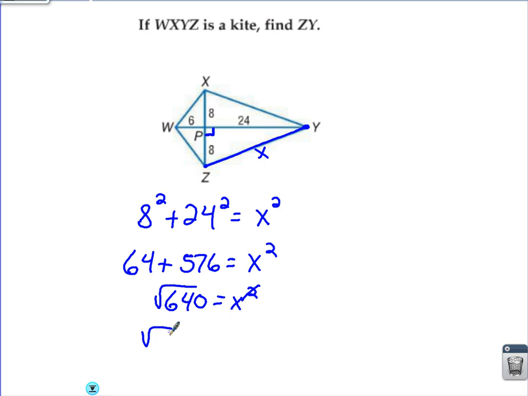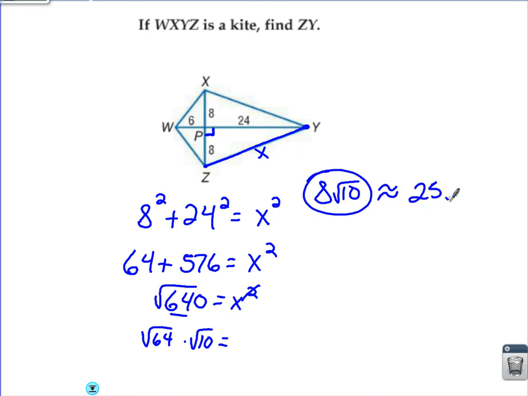Not 80, but how about 64? Square root of 64 times the square root of 10. So that'd be what? We can mark out the square root of 64, can't we? That's 8 root 10. That's the exact answer. Or for those of you that typed in, square root of 640 is about what? 25 point what?